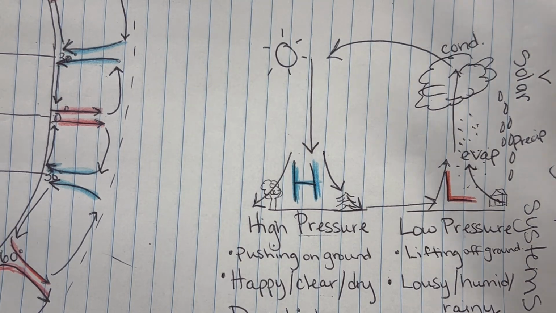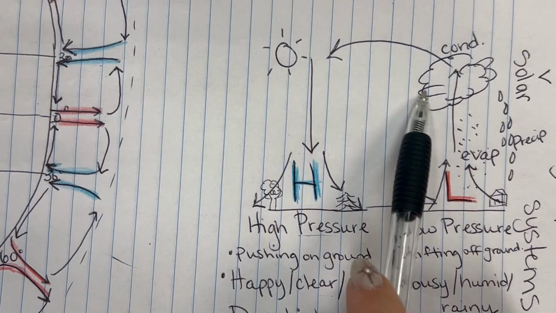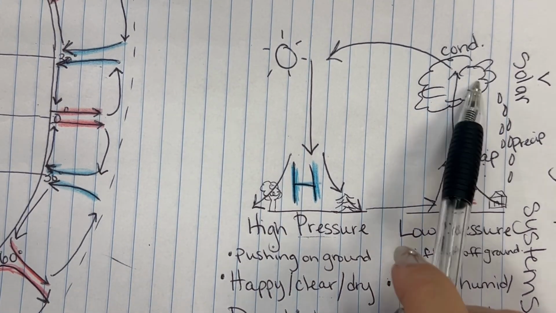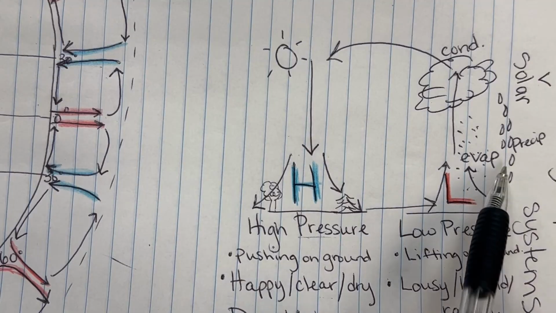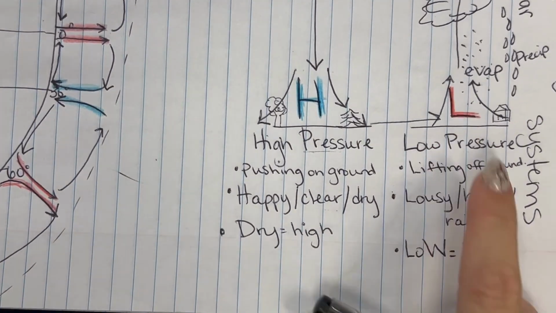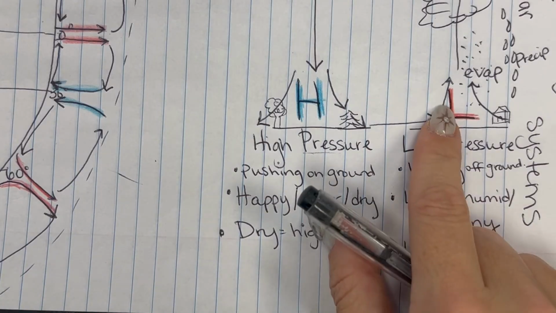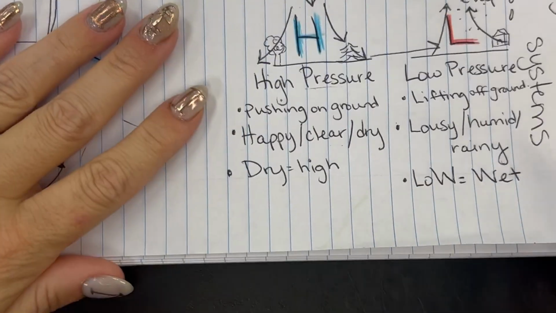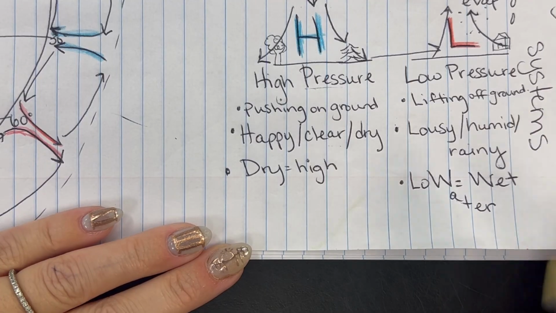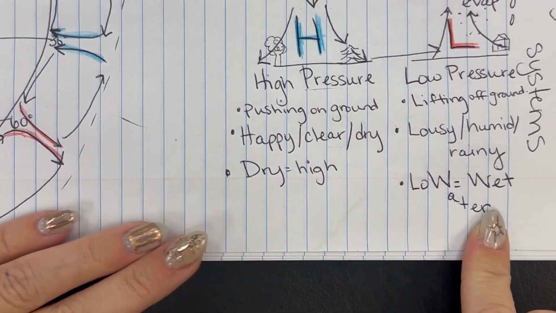If enough of those tiny water droplets come together and it builds and builds, that cloud gets so heavy it has to release some of that water, and that water will fall as precipitation. All right, so we know that low pressure is wet, water cycle. Low, water cycle.